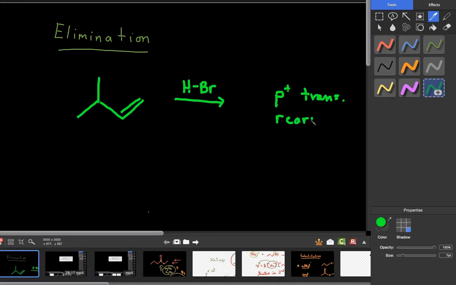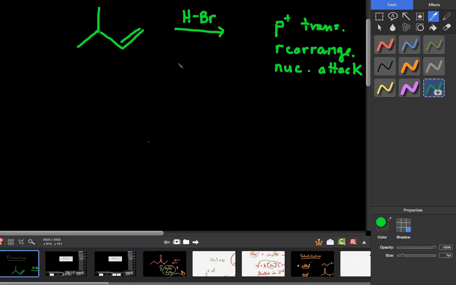And I'm going to push these arrows in a moment. And finally, you have a nucleophilic attack. So 3 of the 4 patterns of polar mechanism are involved in this simple electrophilic addition reaction. Let's look at all of the details now.